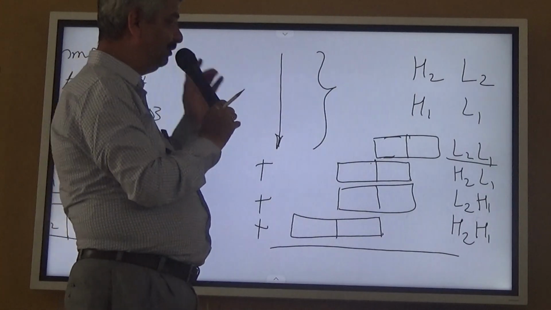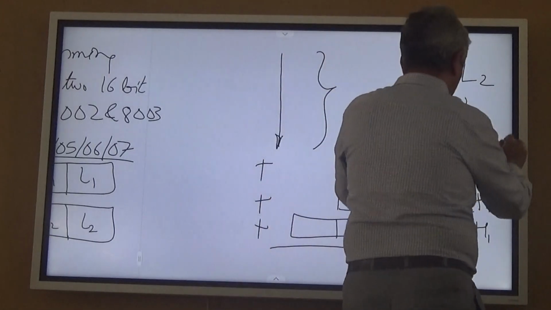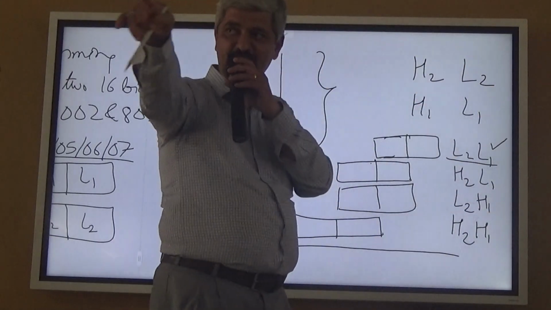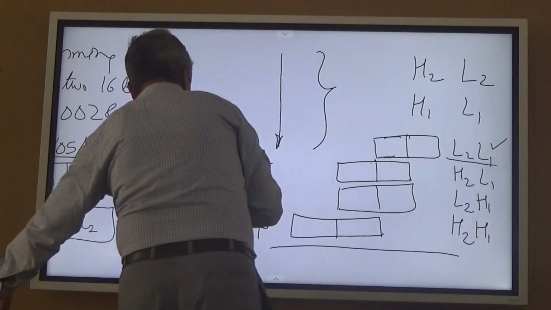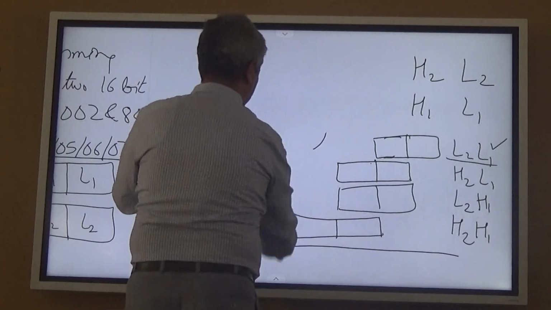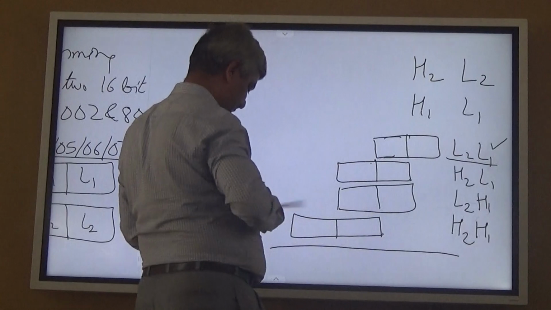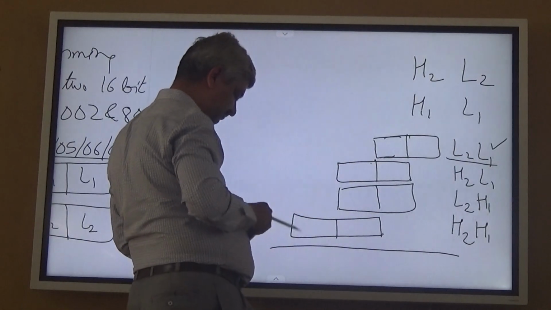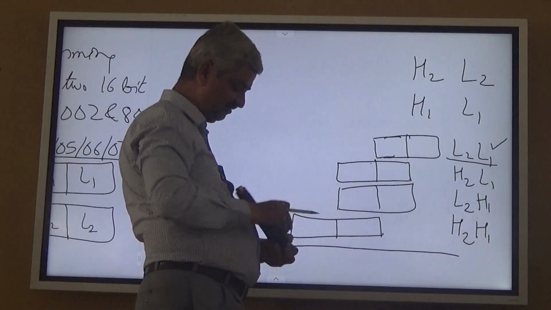Number 1, lower byte of this partial product is the lower byte of the answer. Everybody agrees? So I start with this. We give a final try, otherwise we have to forget this.